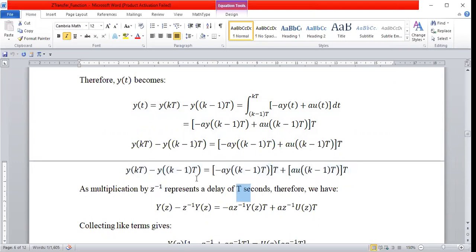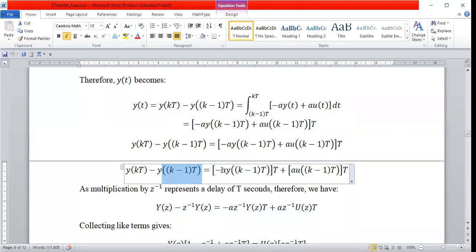So basically what we are saying is that the z transform of y of kt is y of z. Because you have a delay of minus 1, the z transform is z minus 1 y of z.